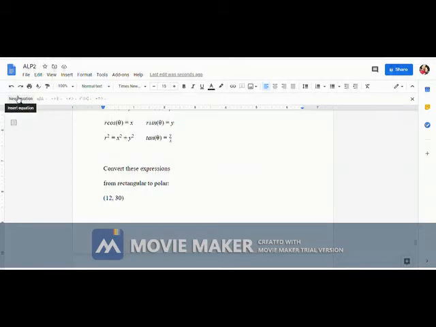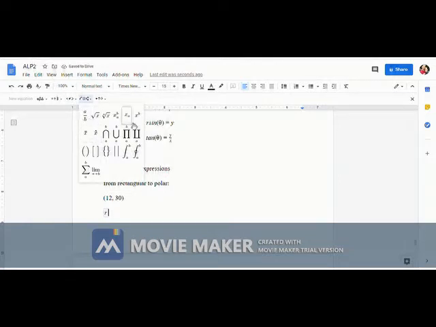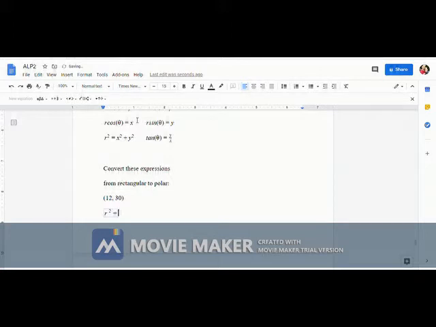So this equation, we have the rectangular coordinates of 12 and 30. So we will say r squared equals 12 squared, or 144, plus 30 squared, which is 900.